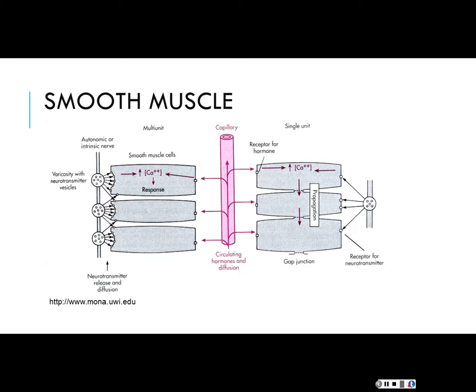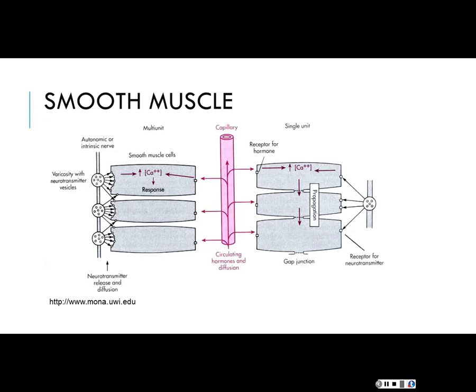Functionally, they are contractile. So in this image, in the single unit, top one, let's label that a pacemaker cell. We can see it is leaking calcium. It generates an action potential. We should label the next two cells the what? Contractile cells.